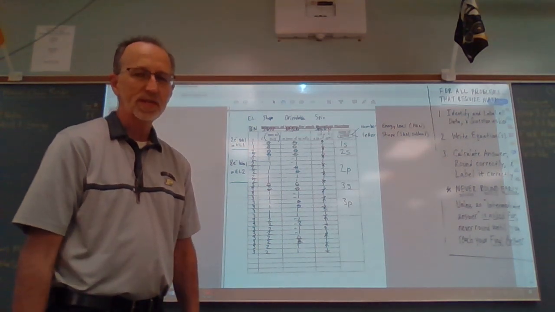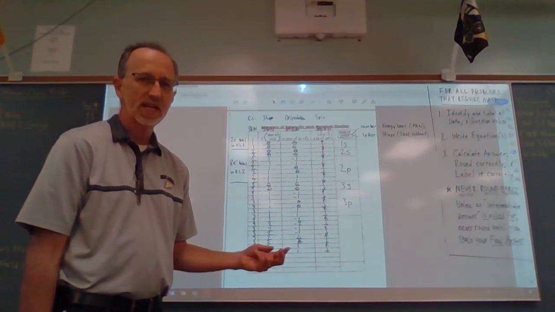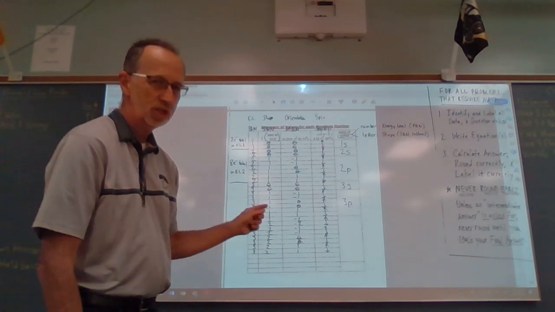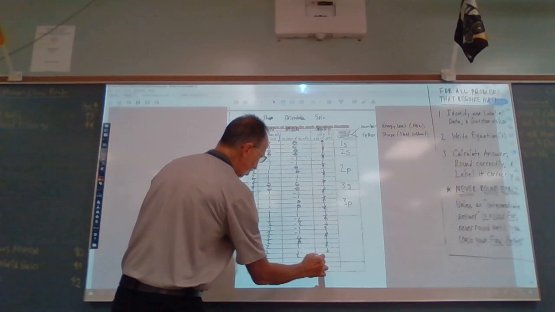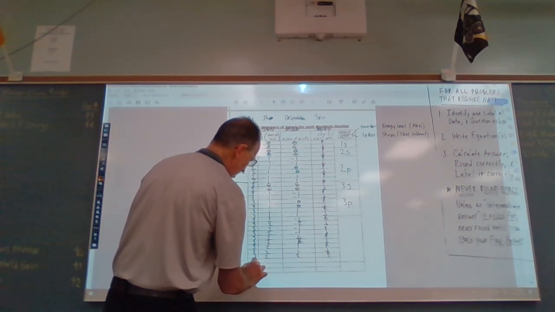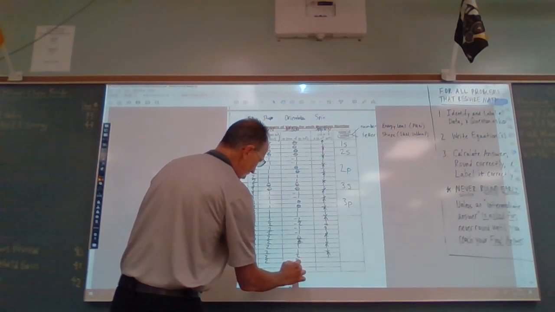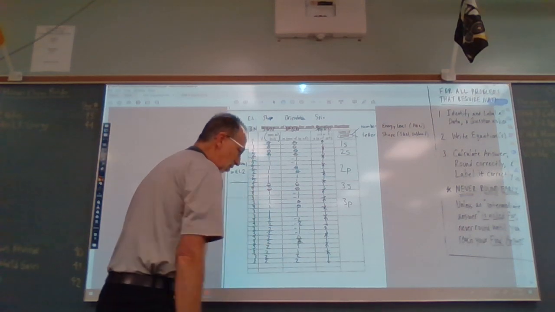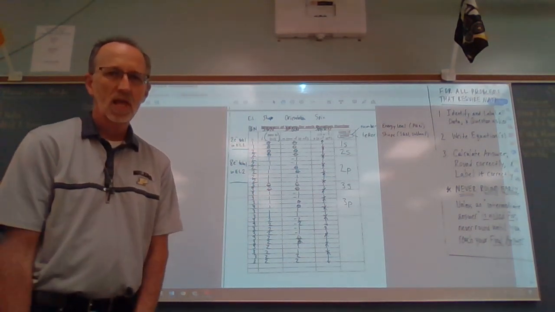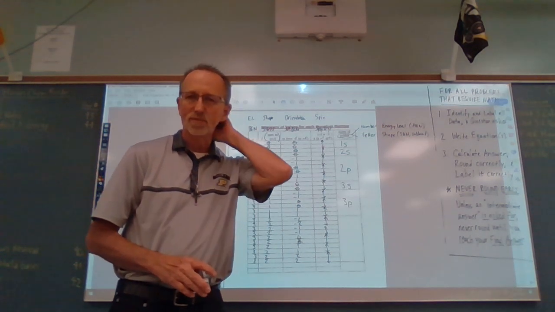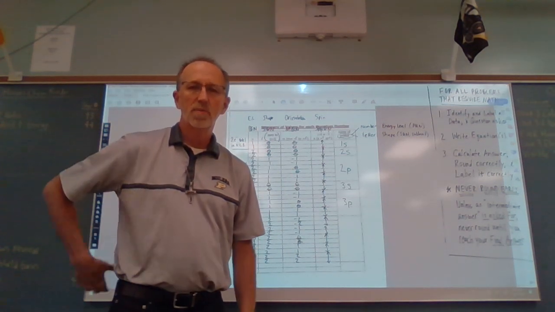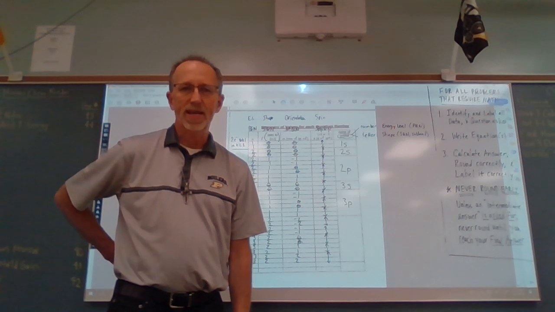One more, because remember M can be negative 2, negative 1, 0, 1, and 2. So now we have 3, 2, 2 clockwise, 3, 2, 2 counterclockwise. Question: have we fulfilled all the possible values for quantum numbers in energy level 3?